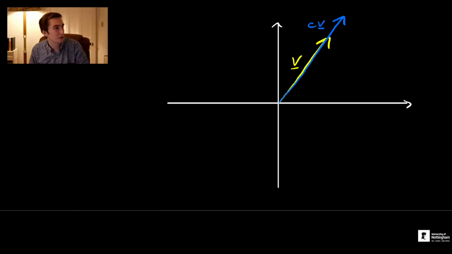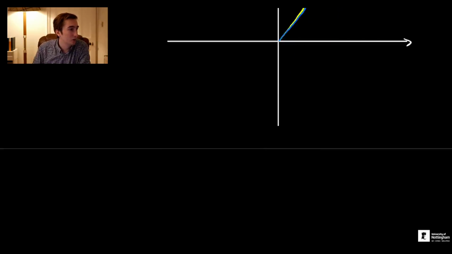In this situation, I'm assuming that c is greater than 1, clearly. But if c was less than 1, that would either flip it by 180 degrees or scale it down by some factor. So scalar multiplication is effectively scaling our vectors by some scalar factor, some real number, exactly like we've seen on the complex plane.